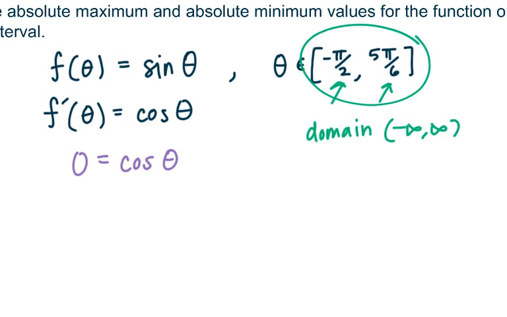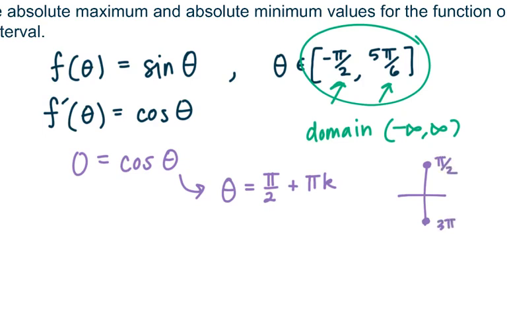So if we were solving that, theta is equal to pi over 2 plus any pi k. Adding pi, adding half of that unit circle would take us somewhere else. Remember, on your unit circle cosine is equal to 0 at the top and the bottom. Pi over 2, 90 degrees, and 3 pi over 2, which is 270 degrees.